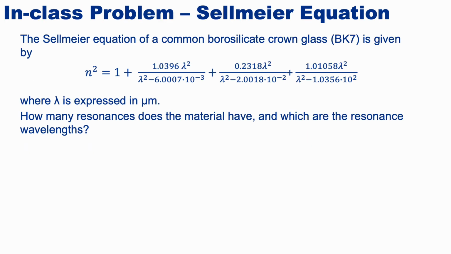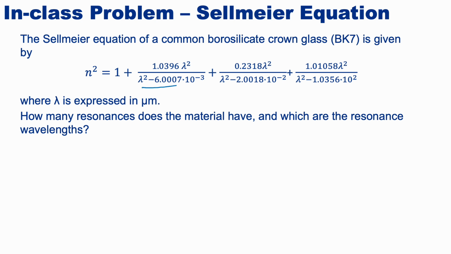So just to finalize this class, which I need to apologize because it's a little long, I want to do the last in-class problem, where we have the Sellmeier equation for BK7 glass. It's a really common glass used for a lot of optical components. We need to say how many resonances the medium has and what the resonant wavelengths are.